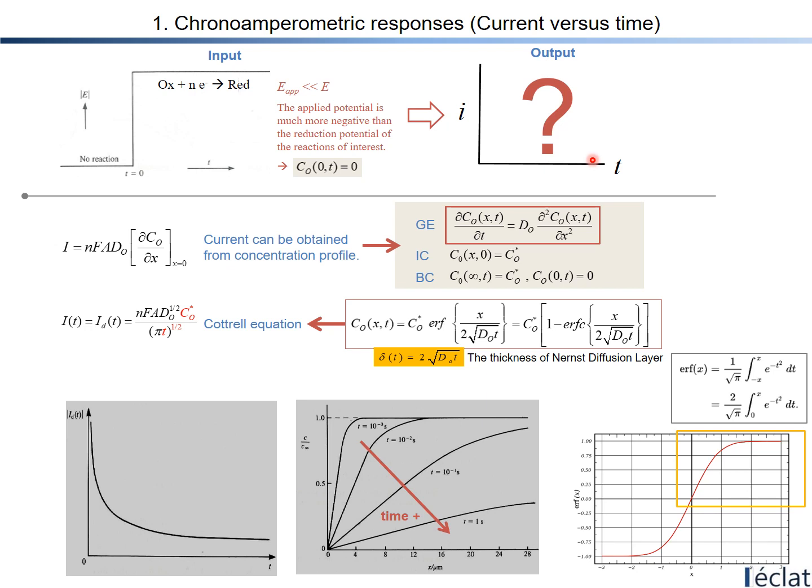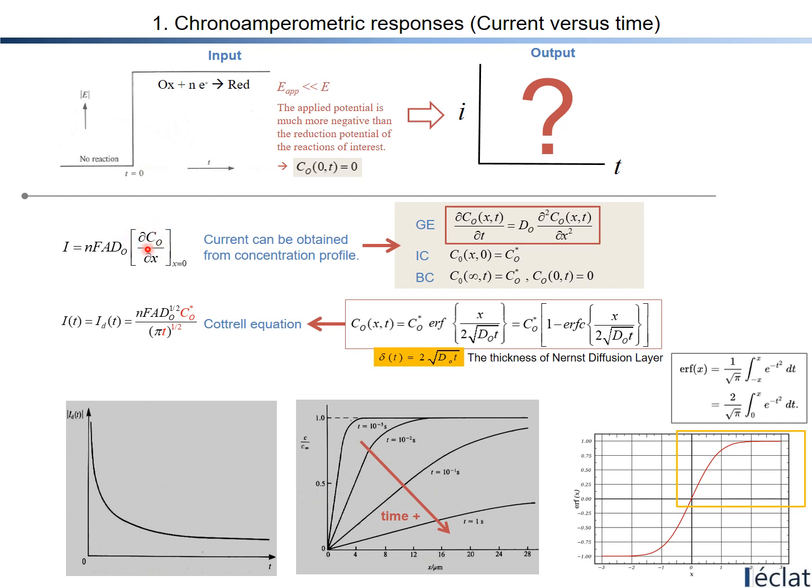Let me start with the diffusion equation. This is Fick's first law, and current would be obtained from the first derivative of the concentration at the surface of the electrode. Therefore, we need to have the information about the concentration.